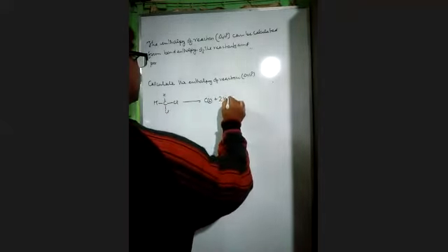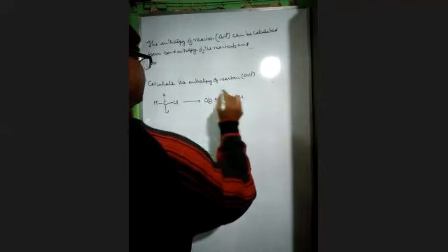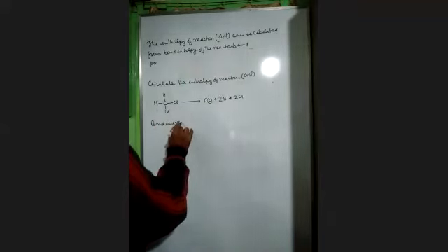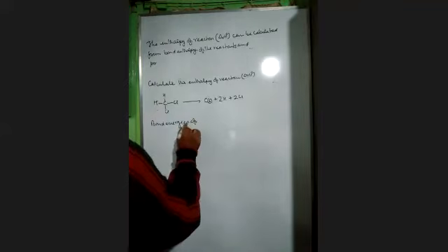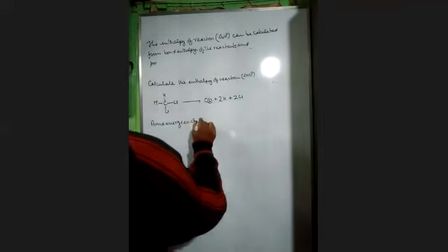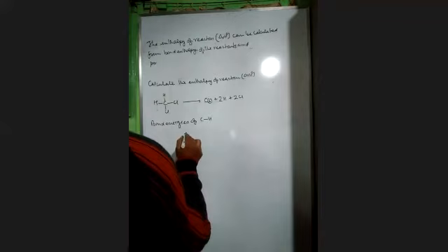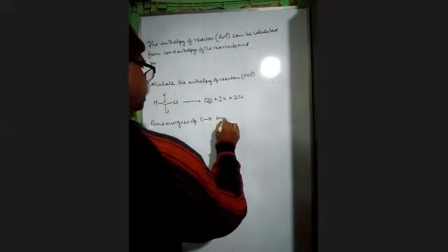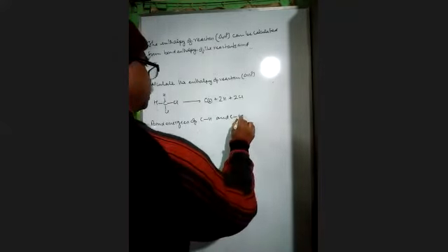Carbon, two hydrogen and two chlorine. Bond energies of CH and CCl.